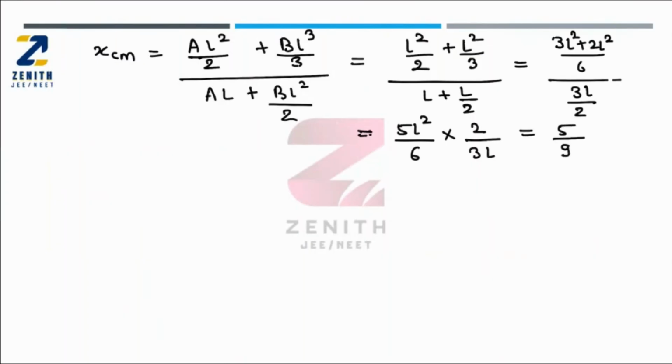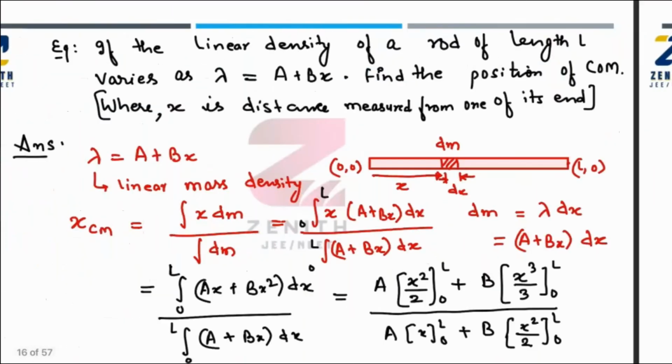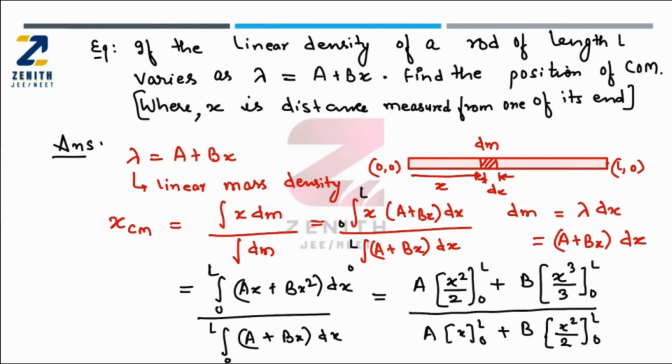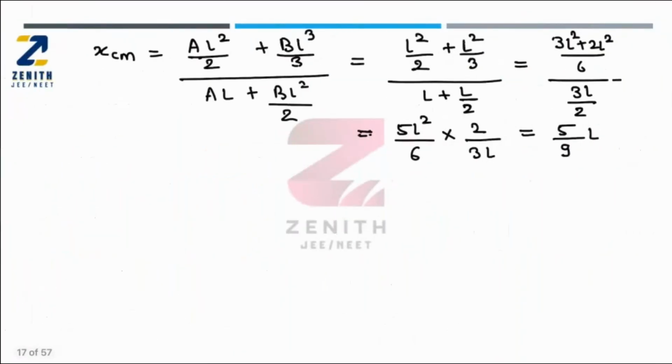So you will get 5 by 9 L. Now you can also check that the x coordinate of the center of mass should be in the form of length, or we can say meters. So you got this relation, 5 by 9 into L. That means the center of mass of this particular rod, in which the linear mass density is given as a plus bx, is at a distance of 5 by 9 into L.